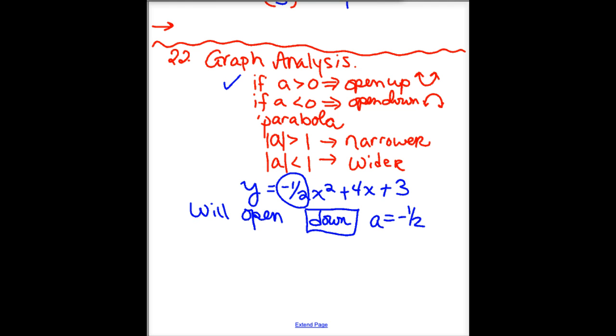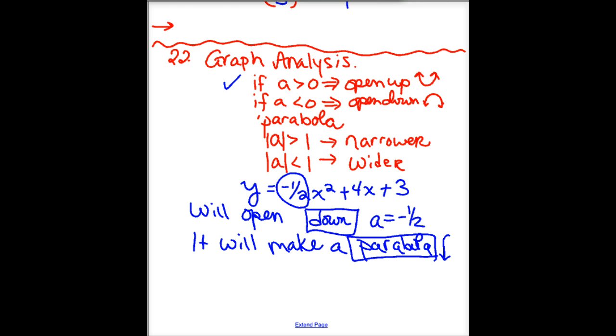It will make what we call a parabola. So what I know is it's going to make an upside down, frowned parabola.